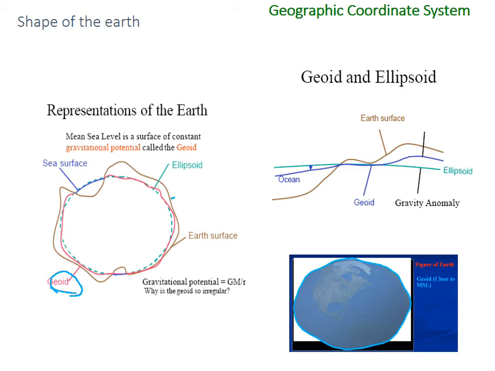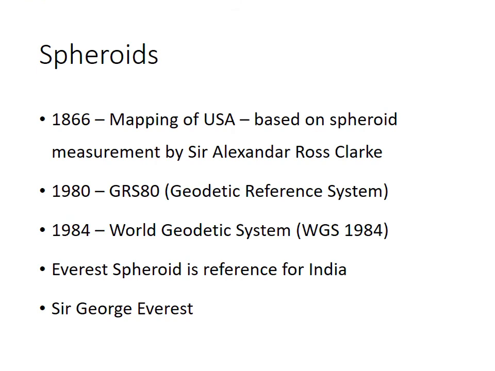Therefore, the spheroid is the only option for mathematical calculations. So if you assume the shape of the earth as a spheroid and the projection of the spheroid becomes an ellipse, now we need to look at the semi-major and minor axis distances.